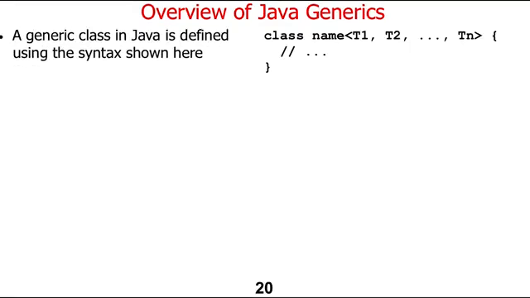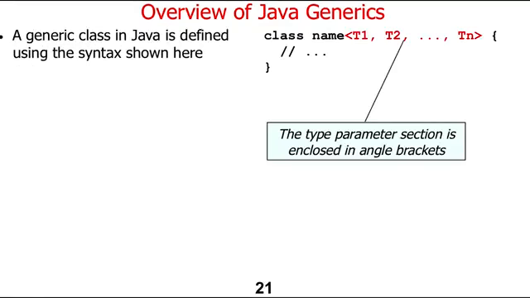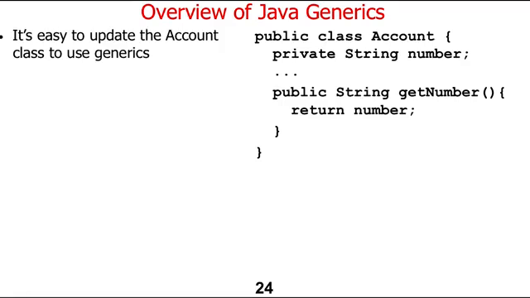A generic class in Java is defined using the syntax shown on this slide. The type parameter section is enclosed by angle brackets, which follow the name of the class. This section specifies the type parameters, such as T1, T2, up to and including Tn. For example, it's easy to update the account class to use generics.